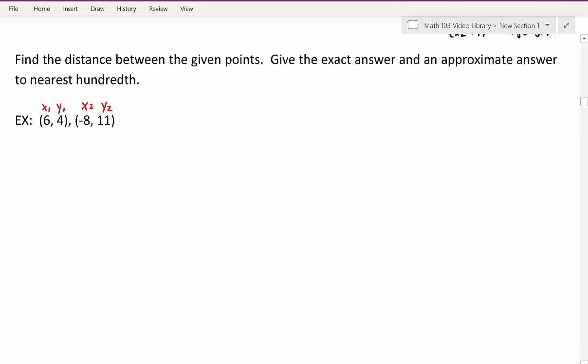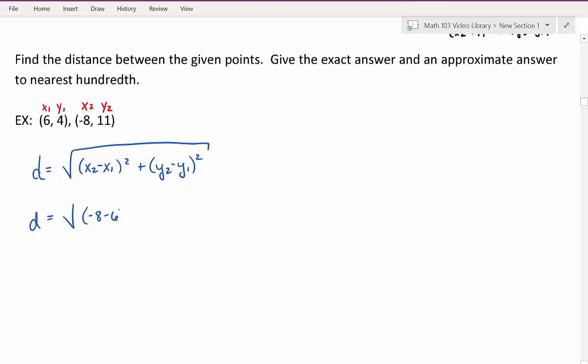Now we're going to plug into our distance formula, which is the square root of (x2 minus x1) squared plus (y2 minus y1) squared. We get our distance to be equal to the square root of (-8 minus 6) squared plus (11 minus 4) squared.